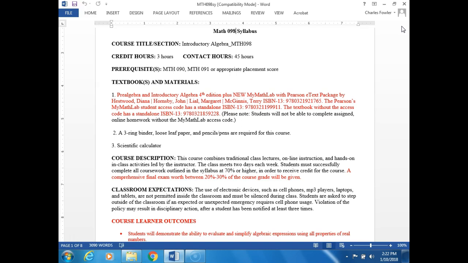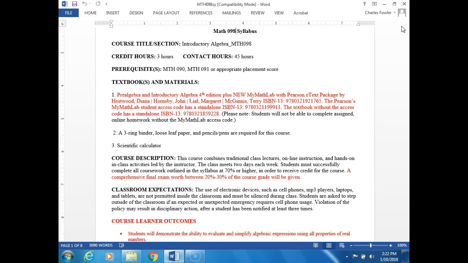Scientific calculator obviously is usable, okay? So that's fine. Now, I believe they say somewhere else cell phones are not, okay? We'll go and read. Like I say, this is the first time I've used the syllabus, period. This course combines the traditional class lectures, online instruction, hands-on in-class activities led by the instructor.